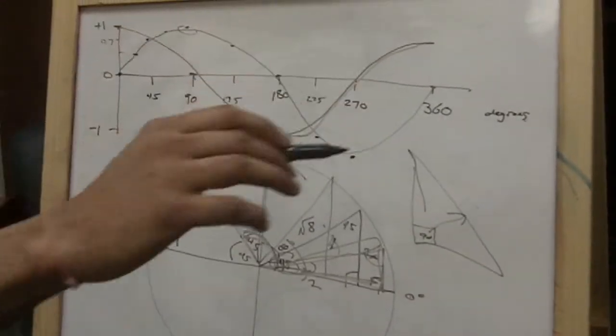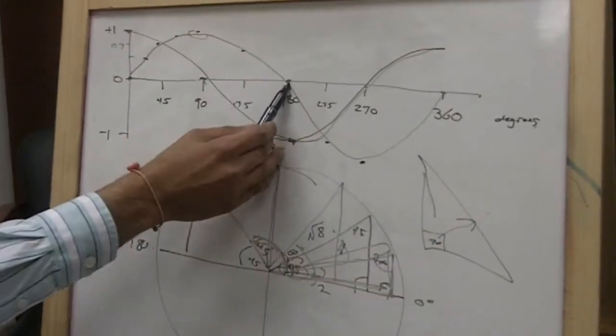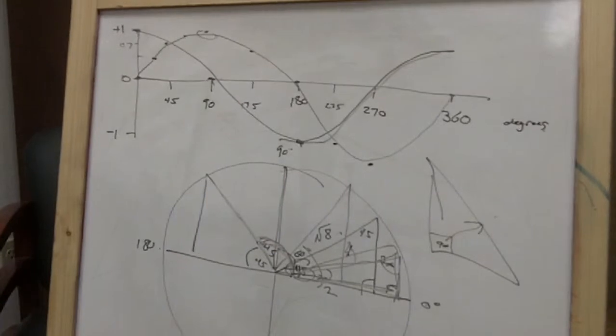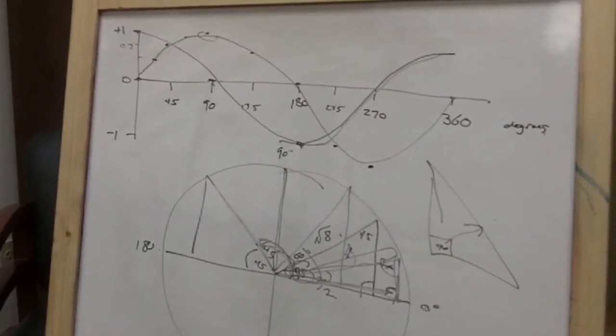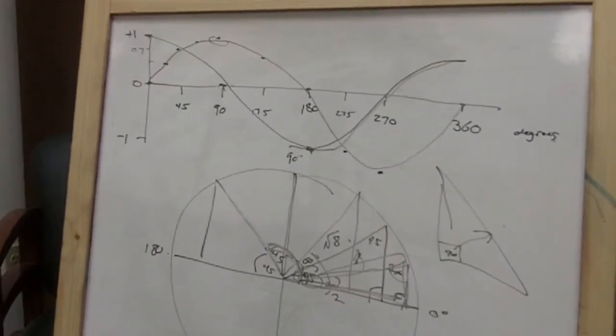So it also follows a cyclical pattern, but instead of starting at 0 and hitting 0 again at 180, it starts at 1 and hits 1 again at 360. That's sine and cosine.